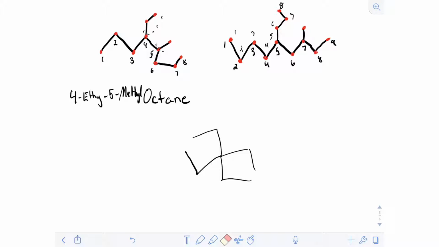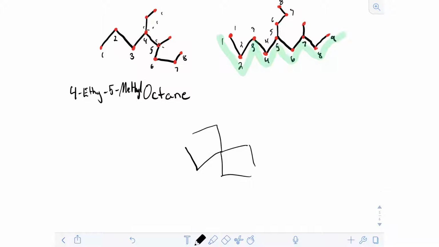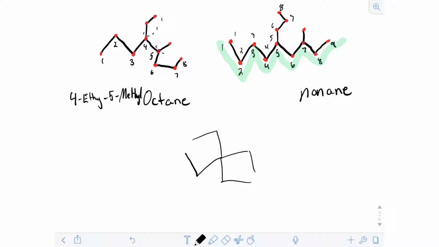So we know this right here will be our longest parent chain. And we'll know that that is a nonane, because there's no double or triple bonds.